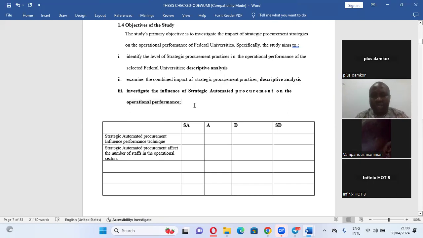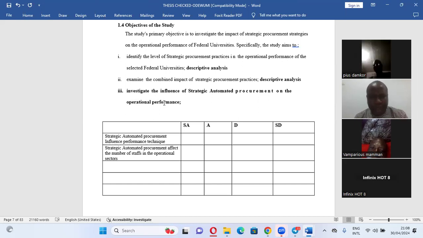So you can now use inferential statistics, either chi-square. Looking at this particular statement, the best you can use is correlation.